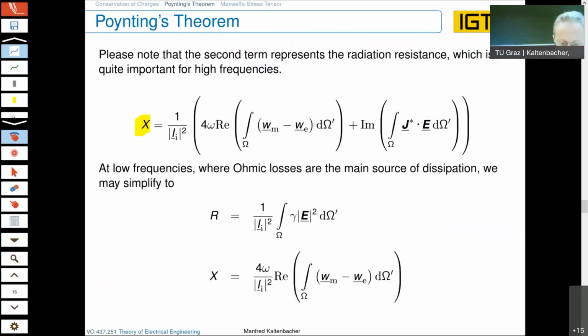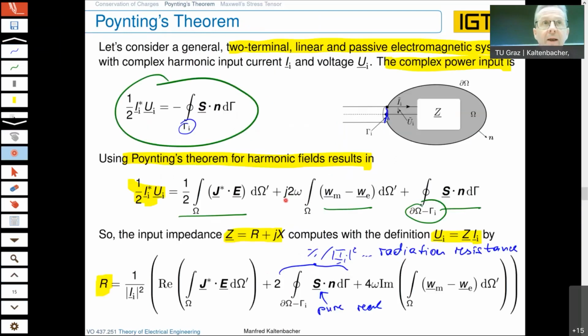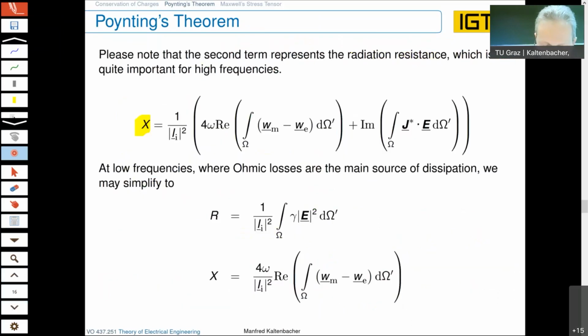And in this sense, now we see for the imaginary part, we have to take here the real part. That's again because we got in here j, our complex unit, and clearly the imaginary part we have here of our ohmic term.